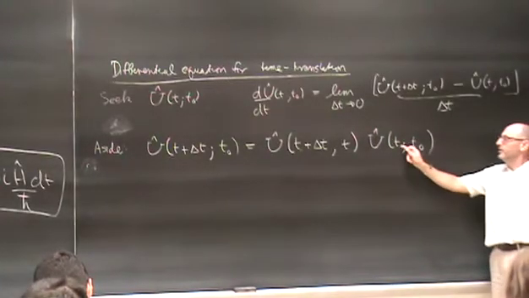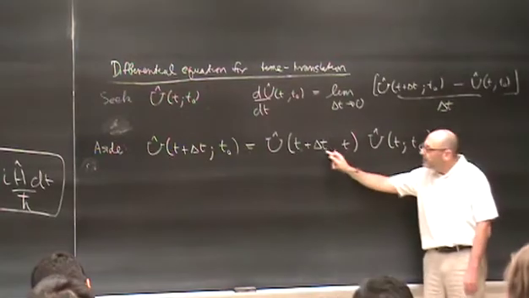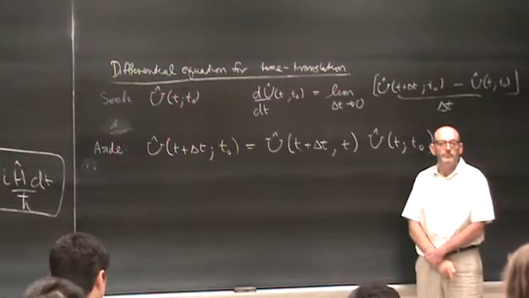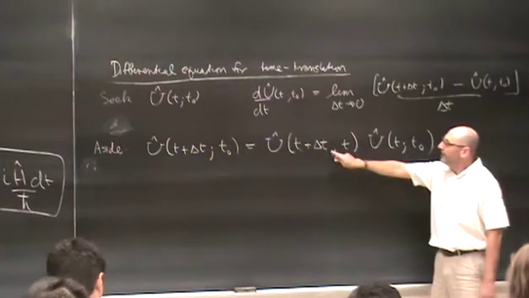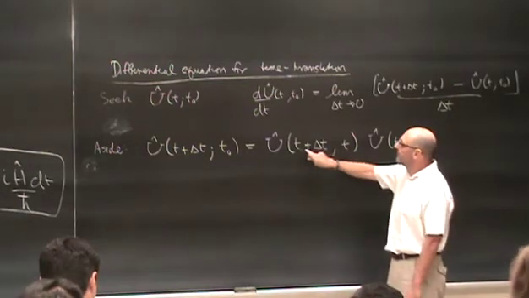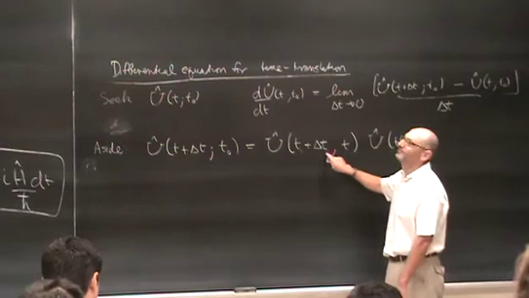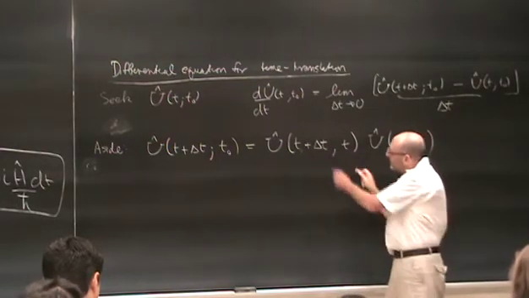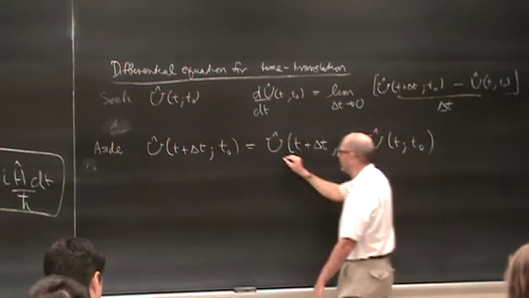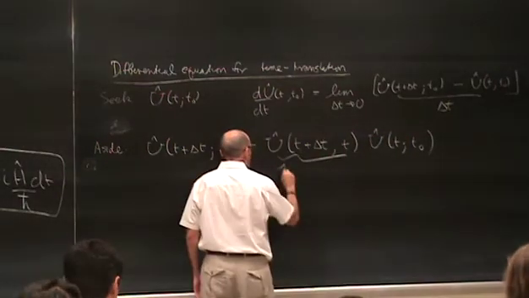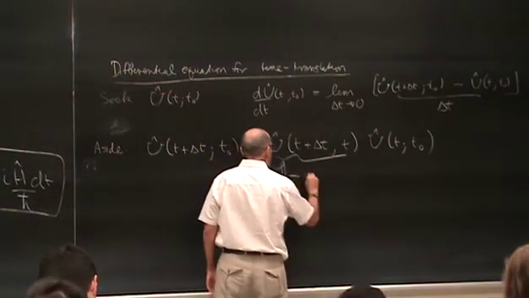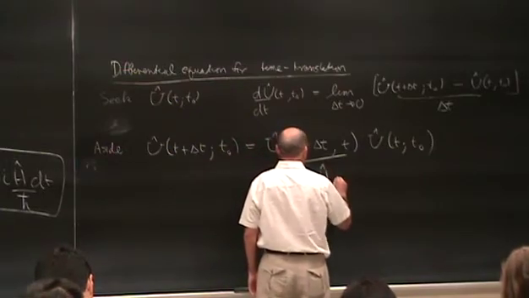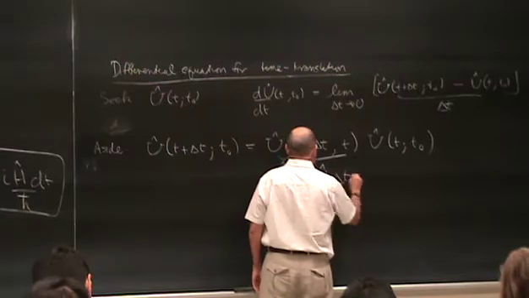First I go from t0 to t, and then I step a little delta t. And this is a near unitary map, I'm sorry, near identity map. It's very close to identity. I'm just stepping by a little delta t. So this is 1 minus i over h bar, the Hamiltonian, delta t.